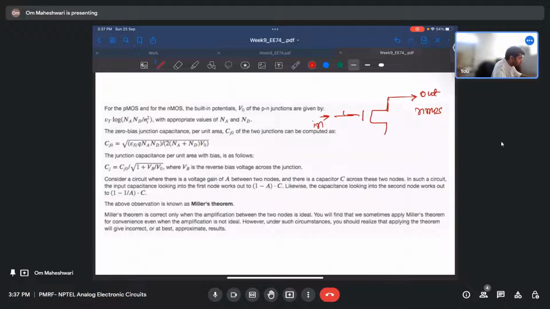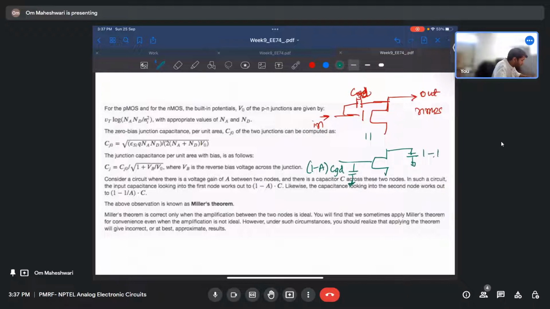When there is anything coupling between output and input, let's say this is CGD, this is generally resolved.